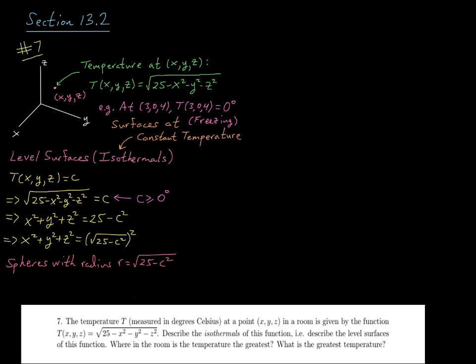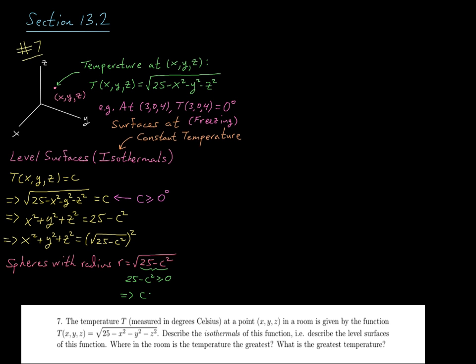All right, the other thing I want to comment on is in relation to the expression for the radius, right? In order for this thing to be real valued, we're going to need 25 minus c squared to be greater than or equal to 0. Okay, now that's saying what?